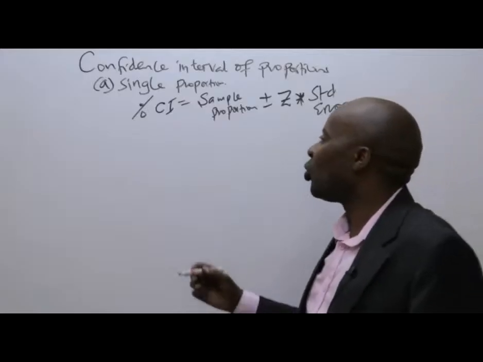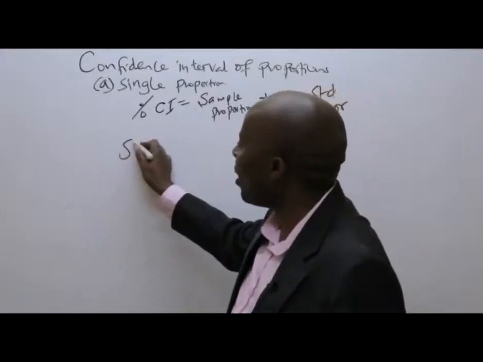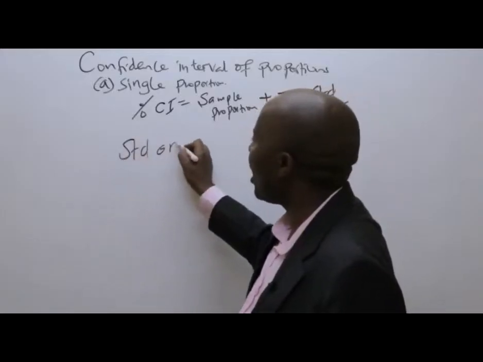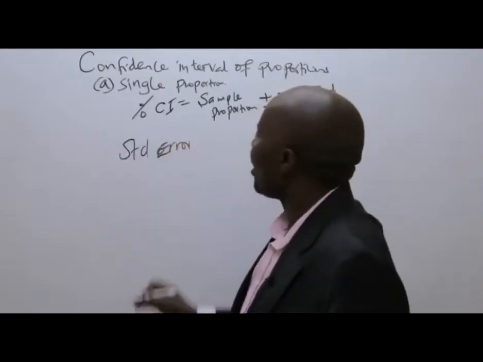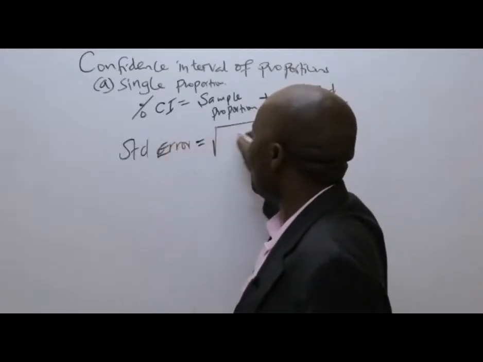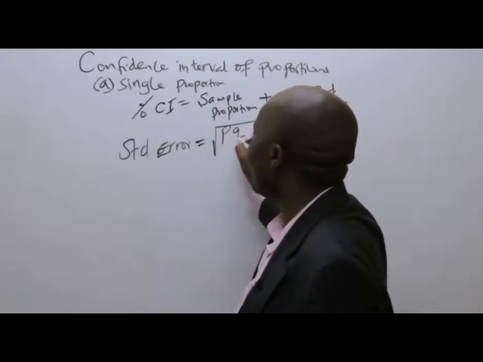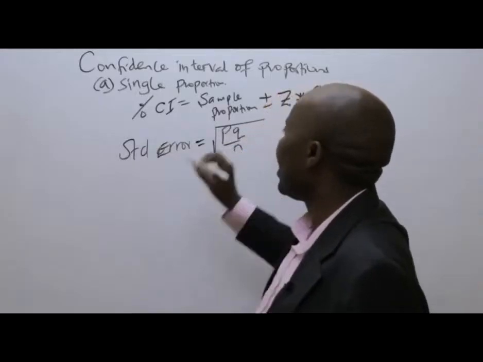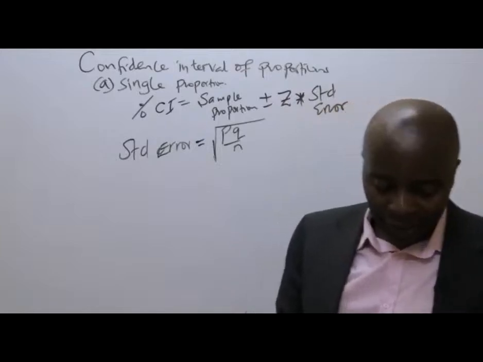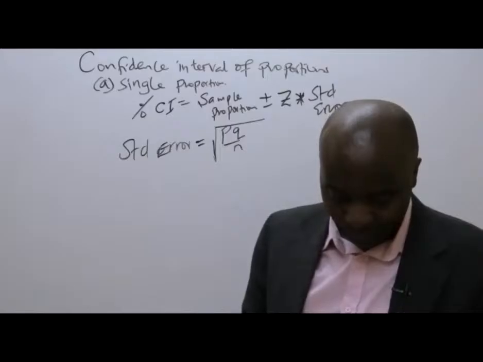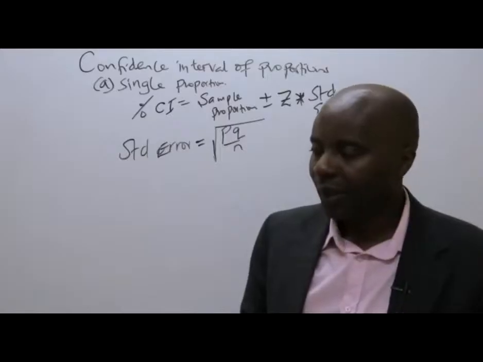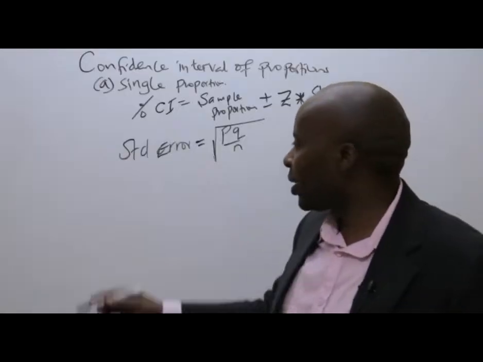But now, how do we get the standard error in situations where we have proportions? To get the standard error here, we'll be taking the root of P multiplied by Q all over N. Ladies and gentlemen, this is quite important.